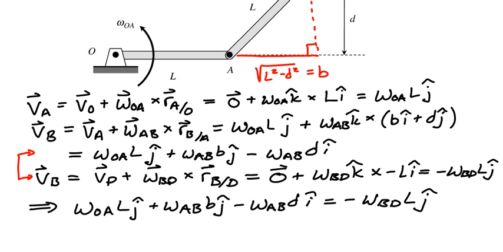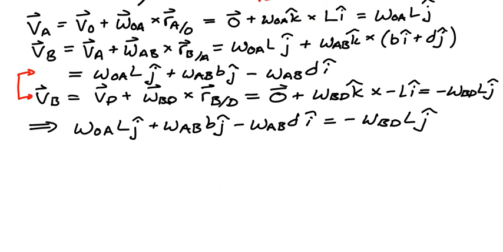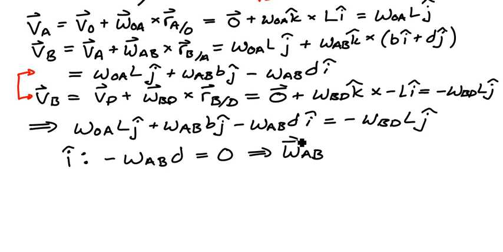A vector equation can be split into scalar equations, so I'll pull out terms. In the i direction, minus omega AB times D has to equal 0, which tells me that omega AB equals 0.